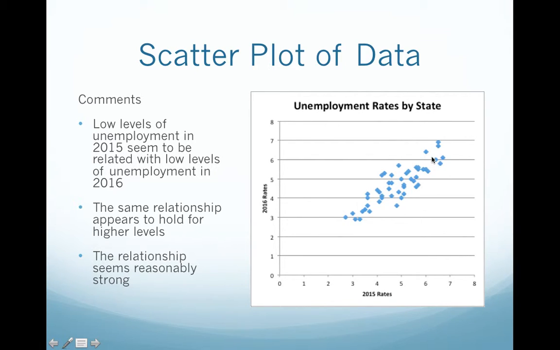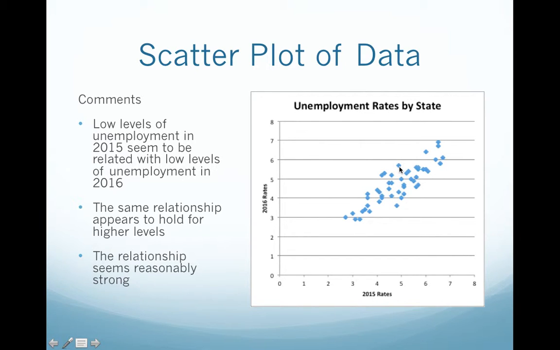Up here at the high end, we see higher than average unemployment rates in 2015, and also higher than average in 2016. So there does seem to be some relationship. The relationship's a little bit more muddled in the middle here.